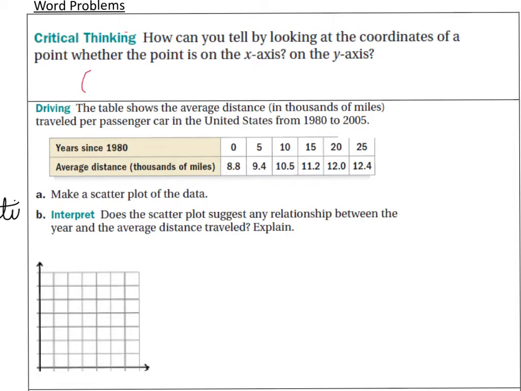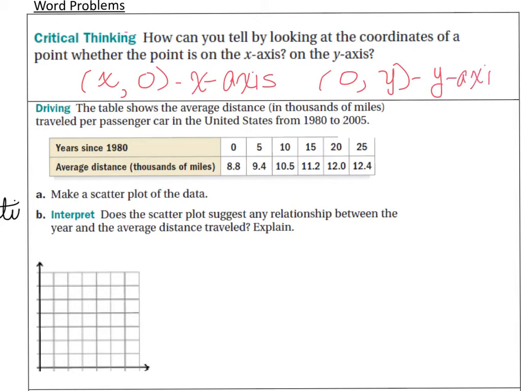So if you have any number x, followed by a y-coordinate of 0, then this would definitely be located on the x-axis. And vice versa, (0, y) is on the y-axis, always, okay?